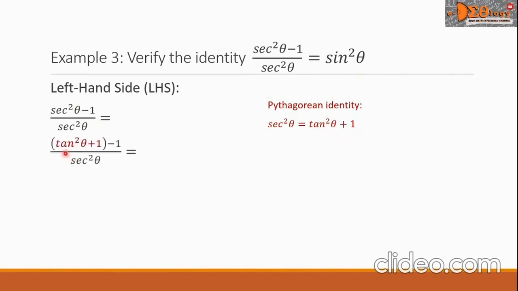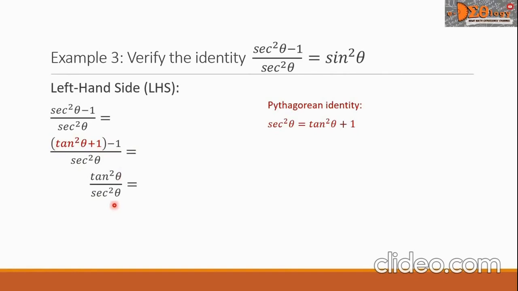So I have here now tangent square theta plus 1 minus 1 all over the secant square theta. If I remove the grouping symbol here, the plus 1 and the minus 1 will cancel each other. So after cancellation, I will now have this tangent square theta over secant square theta.